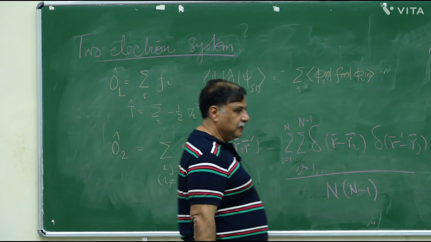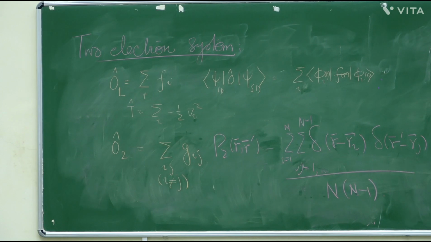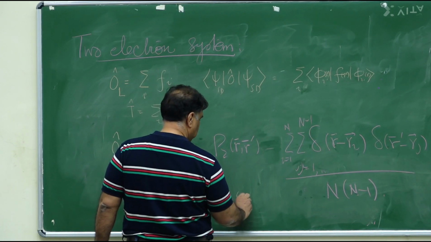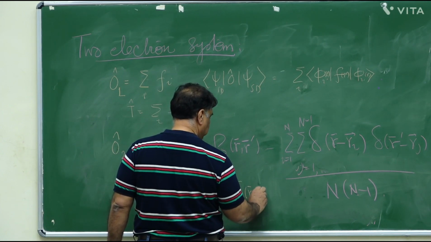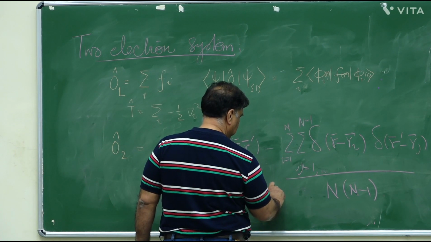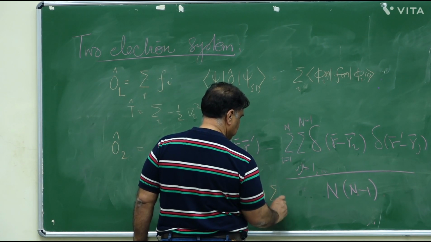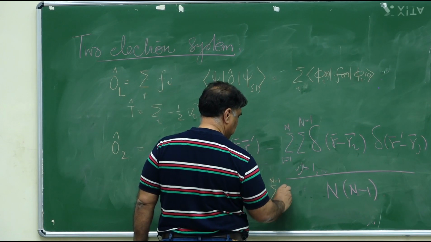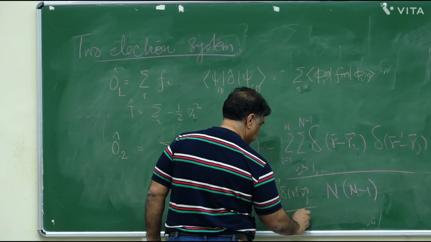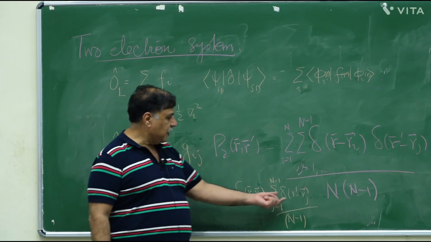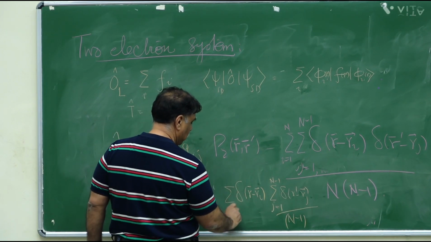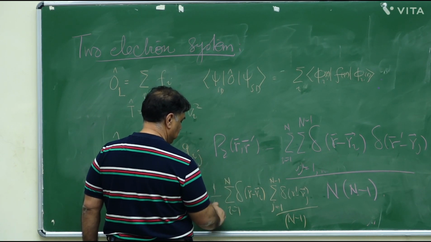If you feel more comfortable, I'll write in expanded form, and the expanded form is: I take one particle at r, right? Then I find one particle from the rest at r prime divided by n minus 1. That's the probability of finding one of the particles from those n minus 1 at r prime. And then I average over i, because I don't know which particle I'm locating.